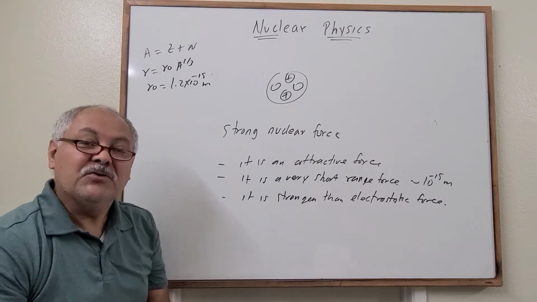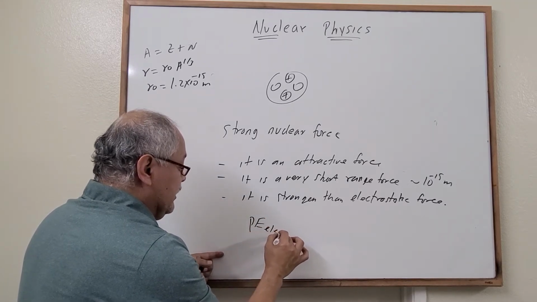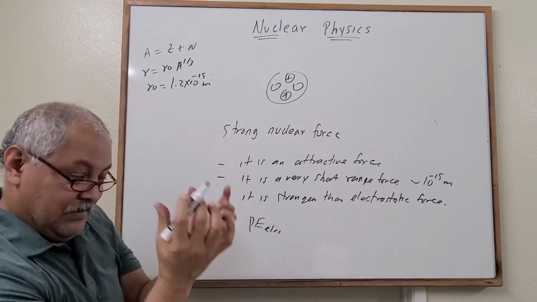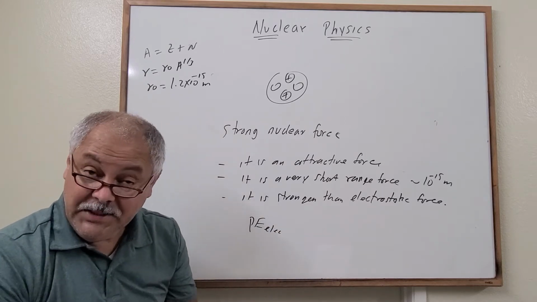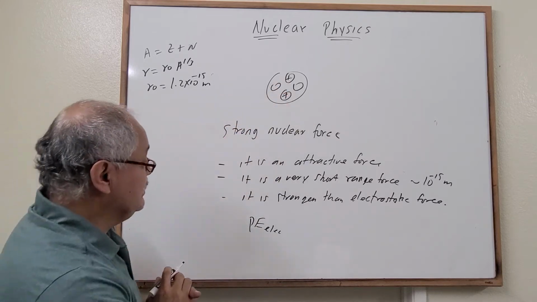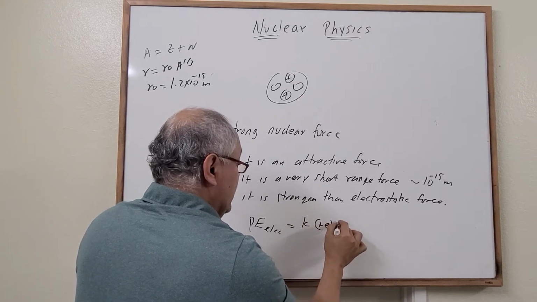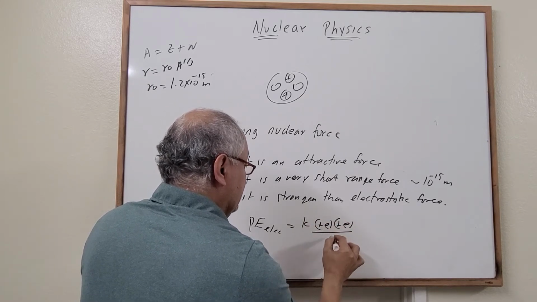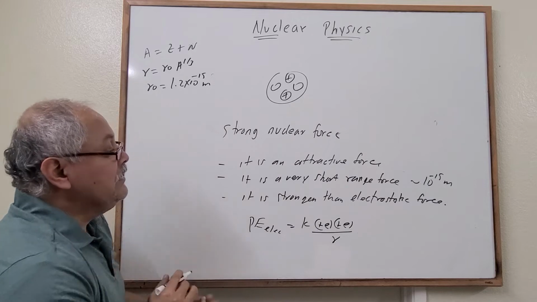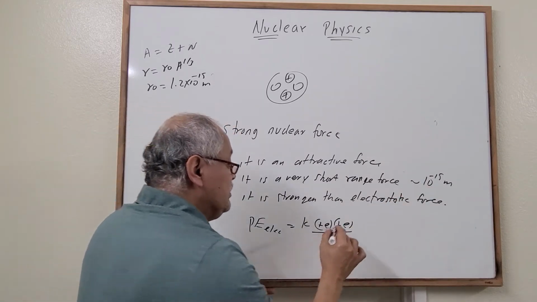We can calculate the electrostatic force. Remember, using the electrostatic force, the electric potential energy of these two protons is equal to k times the charge of one proton times the charge of the other, divided by the distance r, which is about this quantity. So let's calculate.